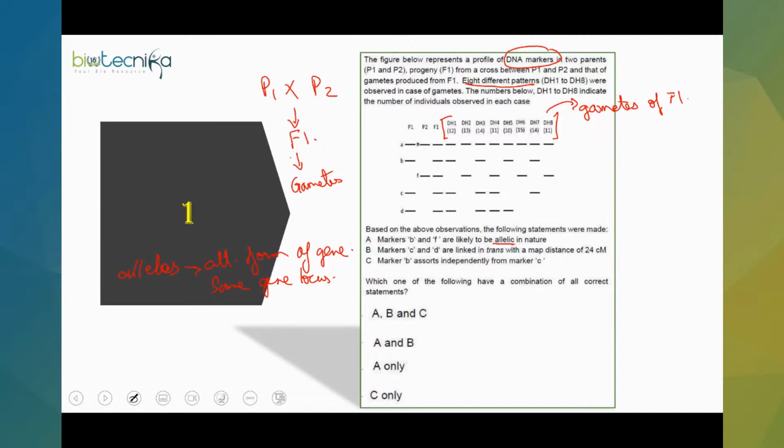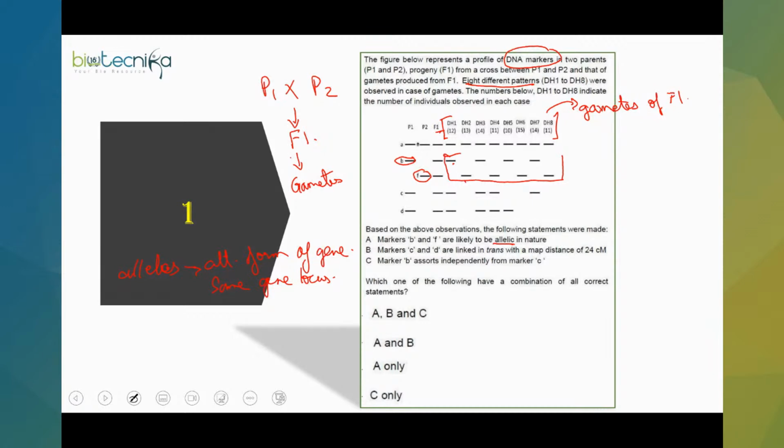Now to analyze if B and F are allelic in nature, see, this is B and this is F. B is coming from P1, F is coming from P2, and F1 has both B and F. Now the gametes of F1, DH1 to DH8: if one is having B, it is not having F. If one is having F, it is not having B. Do you have any gamete here which has B and F both, or neither?